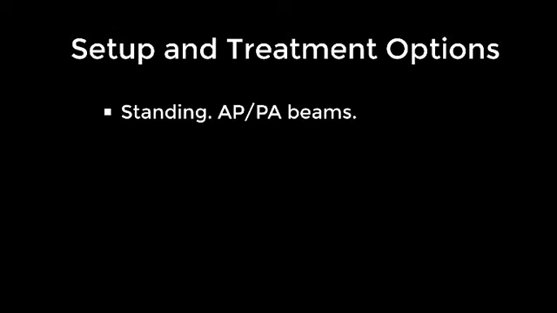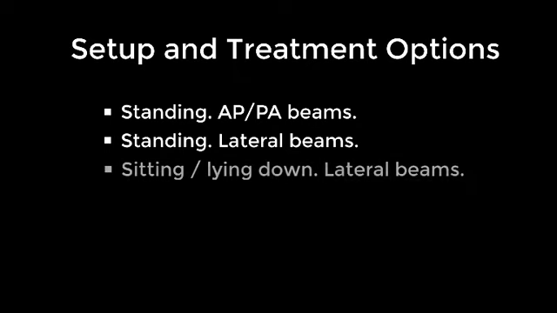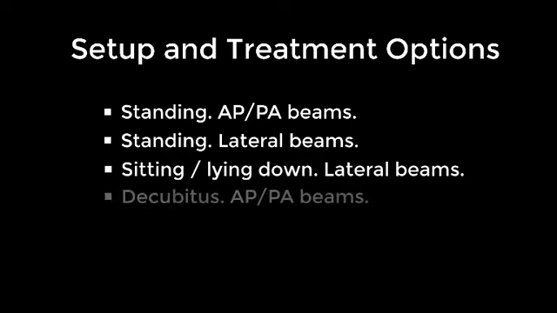We've looked at standing beams treated APPA, but that's not the only way you can treat. You can also treat with lateral beams, and that could be with the patient standing up. You could treat sitting down or lying down, again, possibly with lateral beams. You could treat decubitus, patient laying on their side, and APPA.